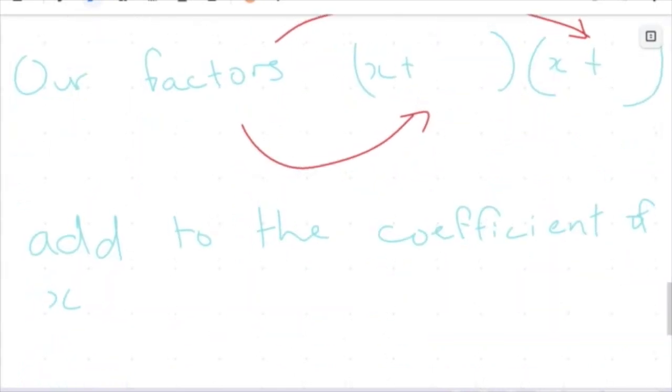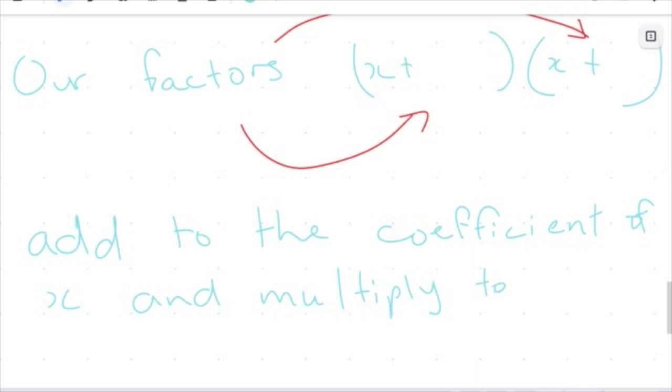They should add to the coefficient of x and multiply to the constant.